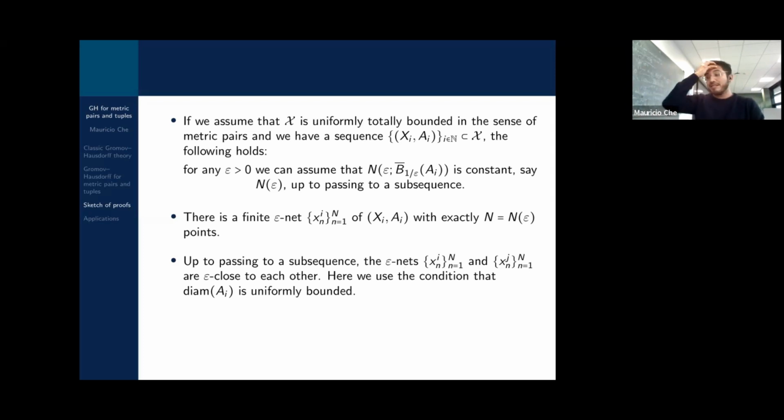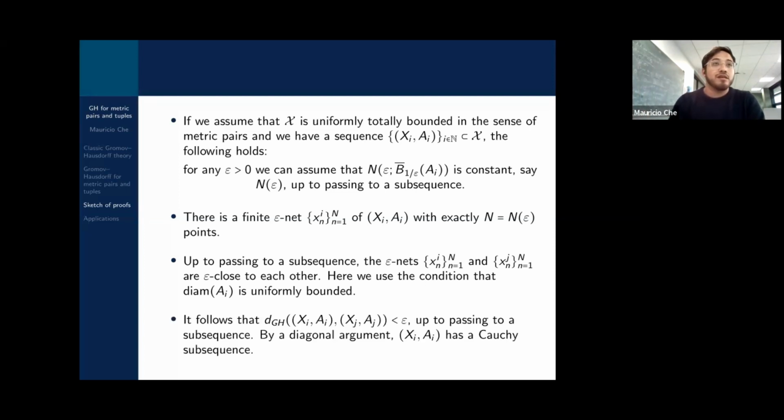But remember what I said in some of the first slides. Whenever we have epsilon nets in a sequence, and these epsilon nets have the same number of points, and the distances are very similar to each other, then that means that the sequence converges.